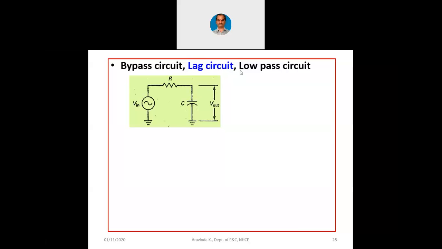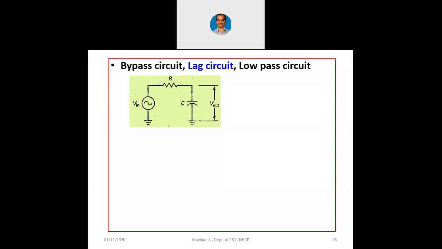That is why it is called a low pass circuit. Low frequency gets passed to the output. High frequency will not be available at the output. It is also called a lag circuit because there will be an angular lagging between the output and the input.